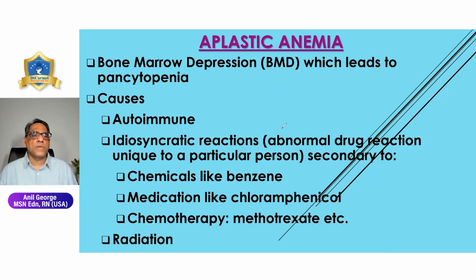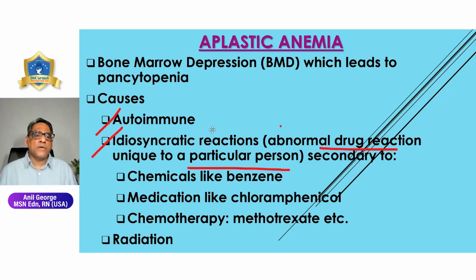Causes include autoimmune, or it could be idiosyncratic reactions, which are abnormal drug reactions unique to a particular person. These are adverse reactions which we sometimes cannot predict. Think about Stevens-Johnson syndrome, right? That's one example of an idiosyncratic reaction.